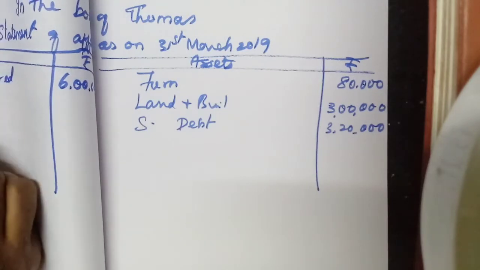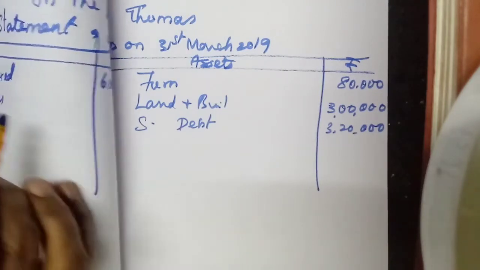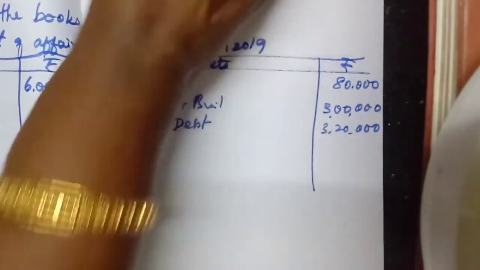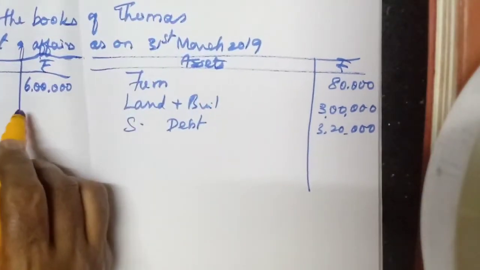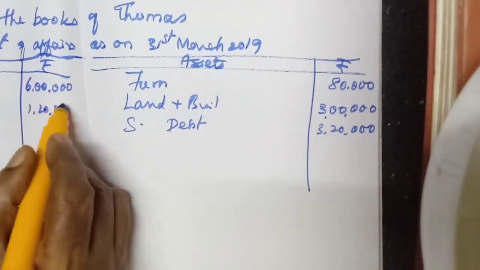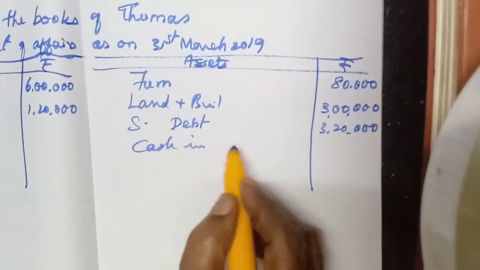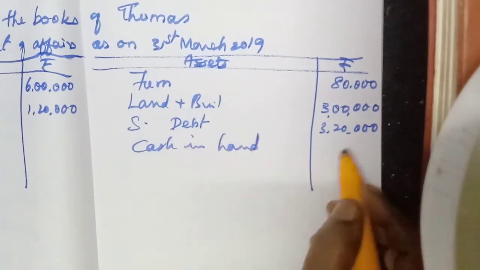Bills payable 1,20,000. Cash in hand 20,000.